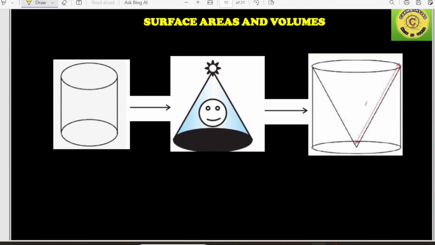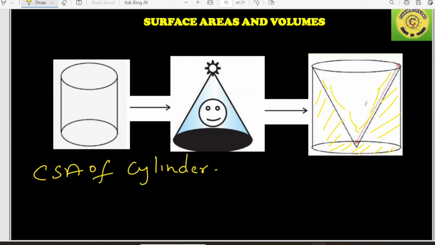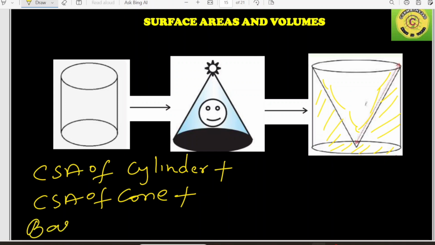Yes, there is a conical cavity they have given, which is removed, so we need to calculate this area, and the area of the base, and the inner area inside. So it is nothing but CSA of cylinder plus CSA of cone plus base area. For example, if you have a doubt in this problem, just imagine I want to paint this.